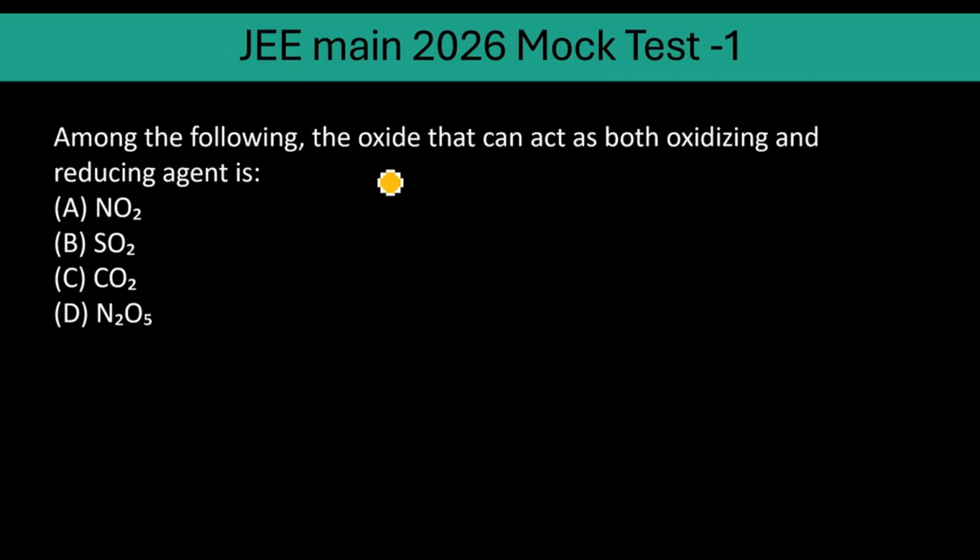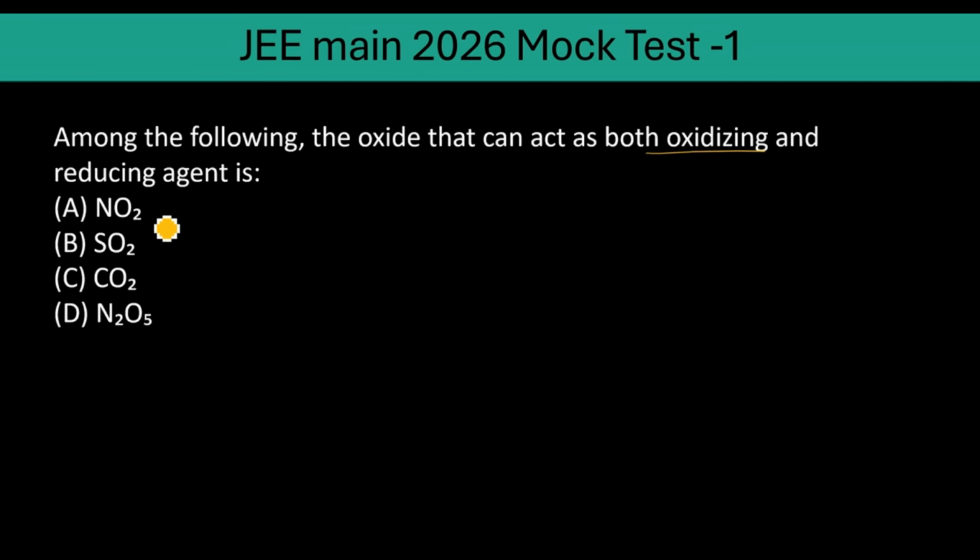Among the following, the oxide that can act as both oxidizing and reducing agent. So if it wants to act as both, it should be in an oxidation state that can vary to reduce or increase. Right? Let's say I have Mn, manganese. It can go to +7 also, +2 also. If I have +4, that can undergo both. So that kind of scenario.